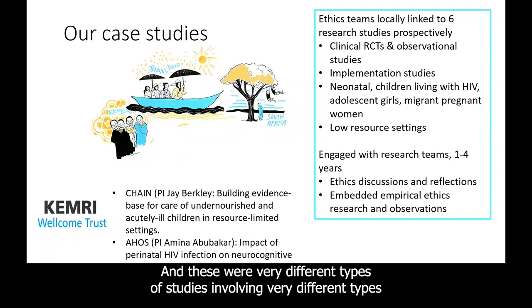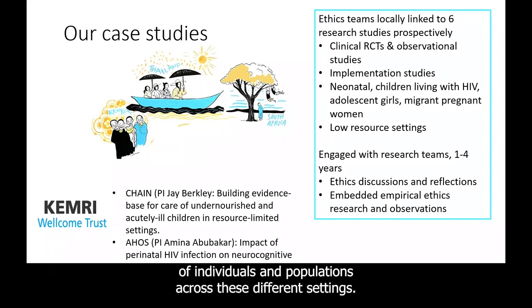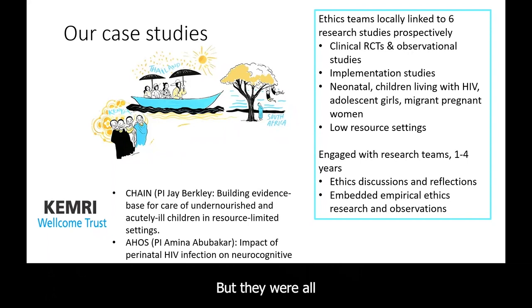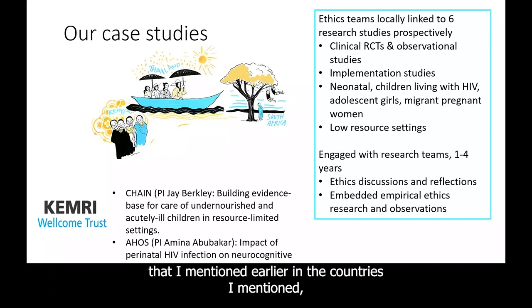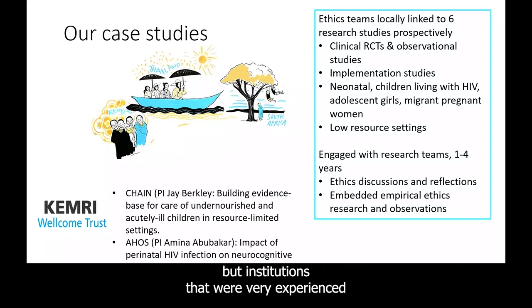And these were very different types of studies involving very different types of individuals and populations across these different settings, but they were all low resource settings, and they were all conducted in the institutions that I mentioned earlier, in the countries I mentioned, but institutions that were very experienced with conducting research among vulnerable populations.